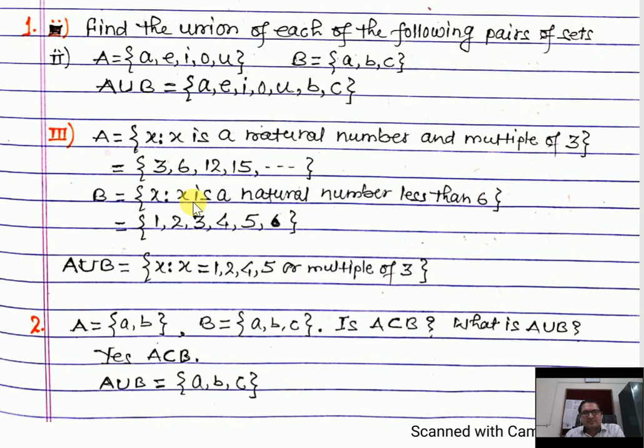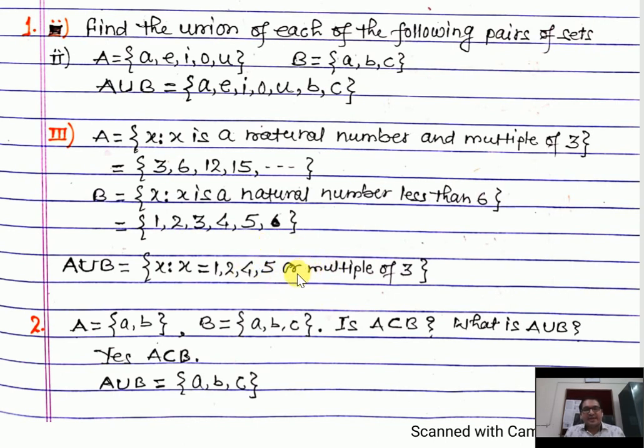B is equal to all x such that x is a natural number less than 6. So 1, 2, 3, 4, 5. Okay, so how will you write A union B? A union B also you have to write in set builder form only. So it will be equal to 1, 2, 4, 5 or multiple of 3. Why are we using the word OR?